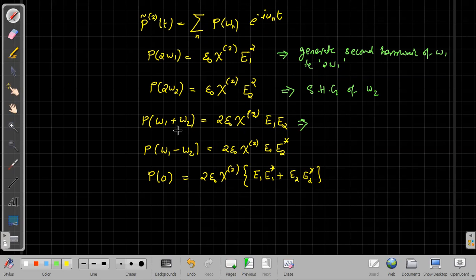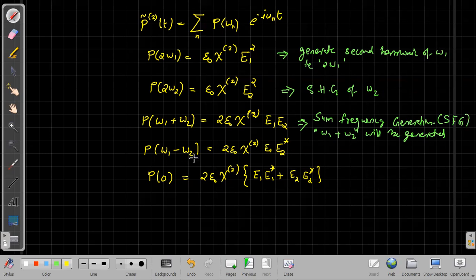So it will produce a signal with frequency omega 1 plus omega 2, which is called sum frequency generation, in short written as SFG. And the next term is called the difference frequency generation, because it is oscillating with frequency omega 1 minus omega 2.